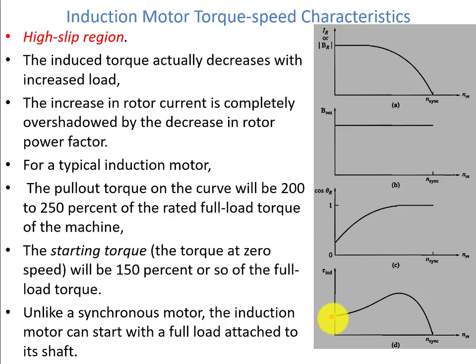Sometimes it's better if you offload the motor and then add the load after starting it, but if you do not have the capability to remove the load at the starting point, we can start the induction motors initially with the load, and this current and this load is actually around 100 to 200 to 300 times the rated torque. But still, the high slip regions are the starting part of the motor.